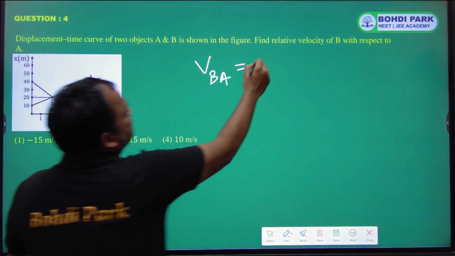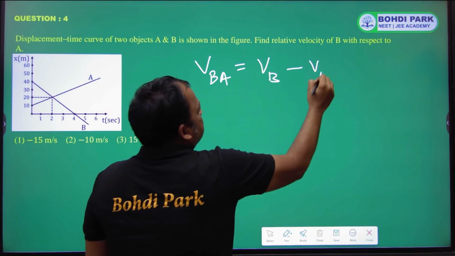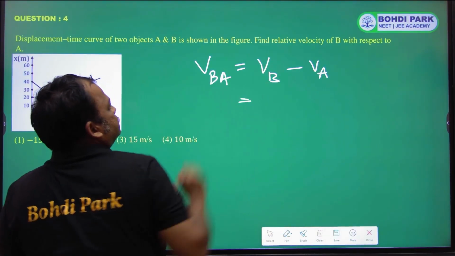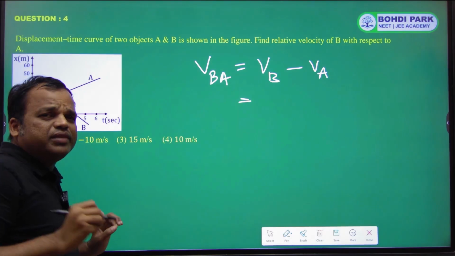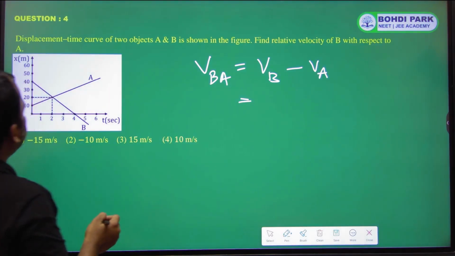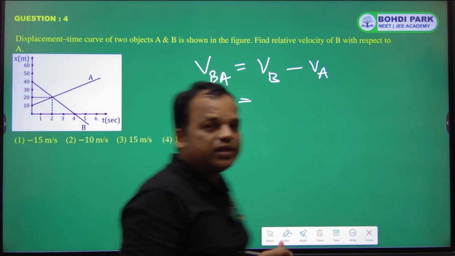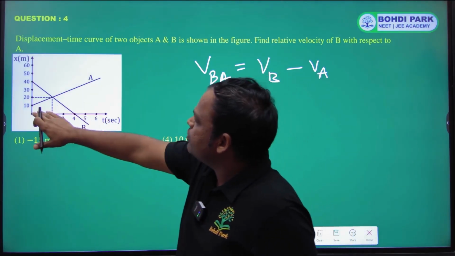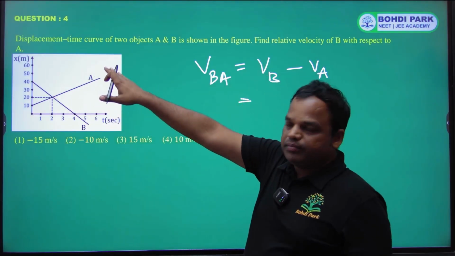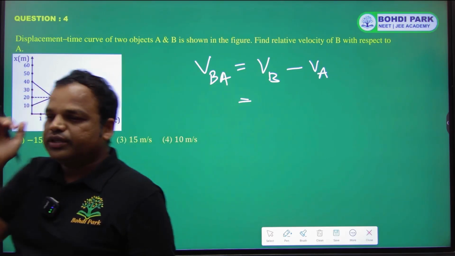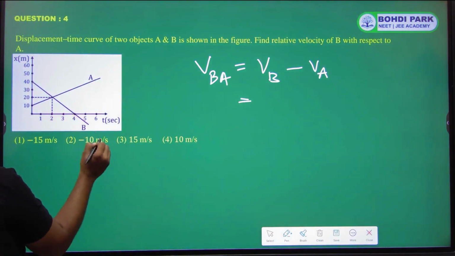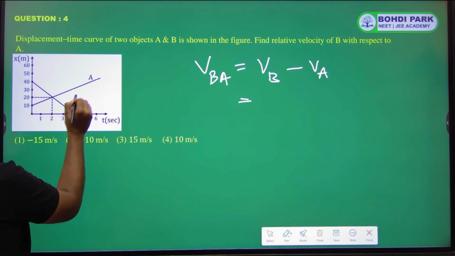The formula is velocity of B minus velocity of A. Velocity of B means its slope. So calculate the slope for B. Slope for B is negative and slope for A is positive. So how to calculate slope? Now find out. For A, you observe these 2 points.